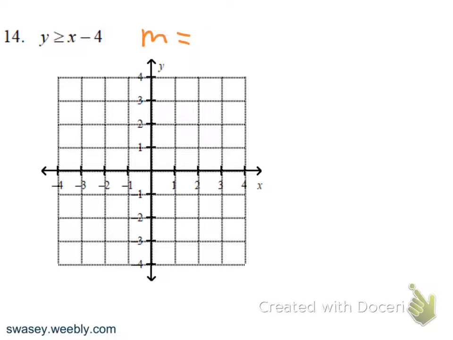Here we have a slope of 1/1, y-intercept of -4. So plot a point at -4, go up 1 to the right 1. It's a solid line because of the or equal to. Greater than you shade above.